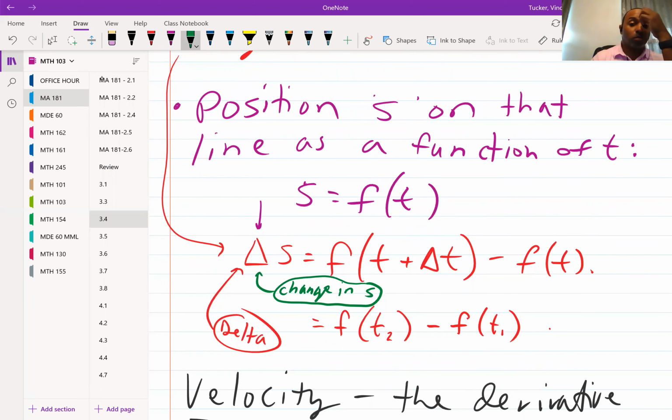We're going to get back to this in a second, but just showing you notation.